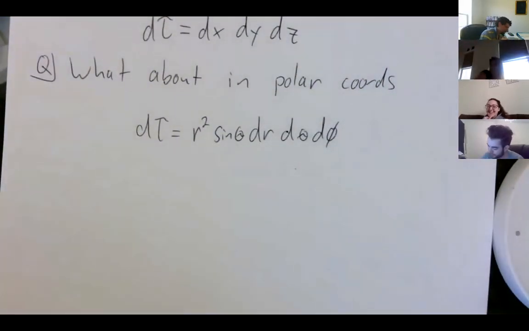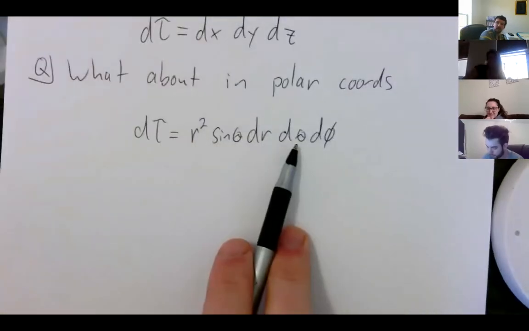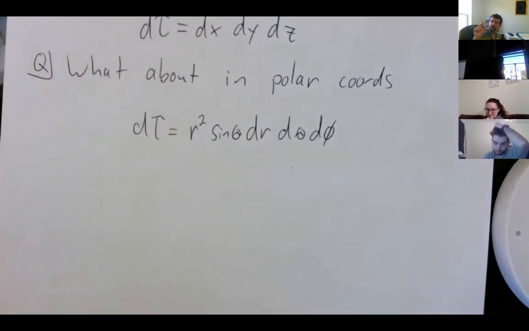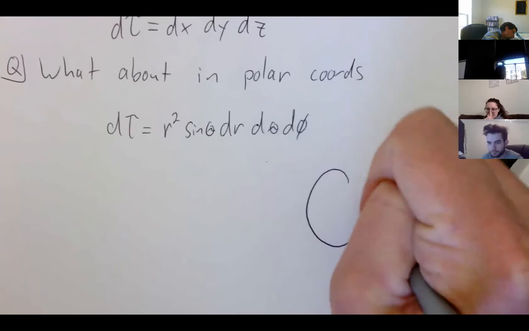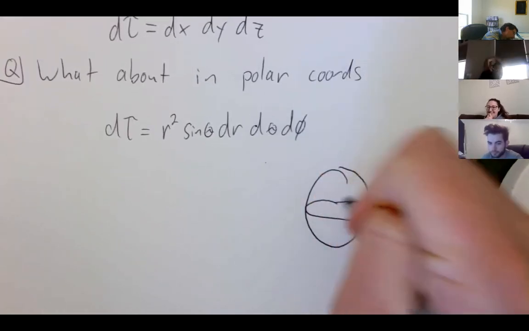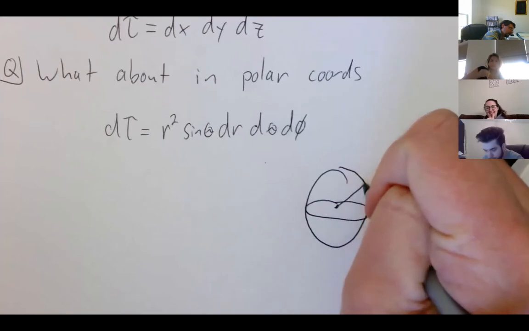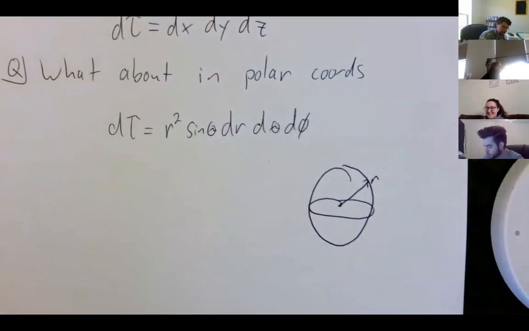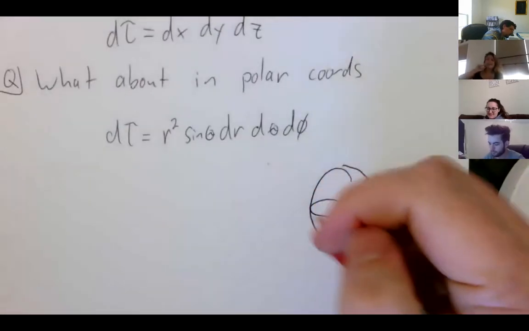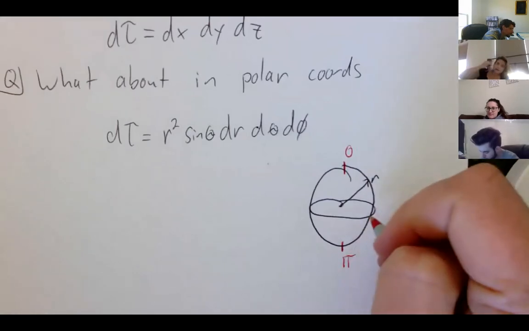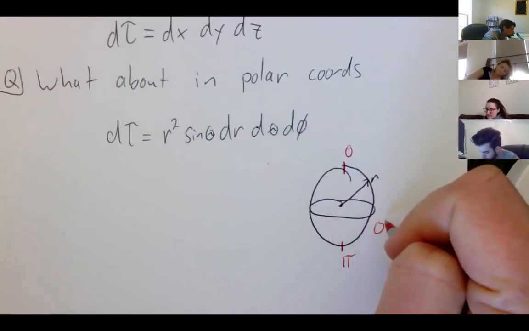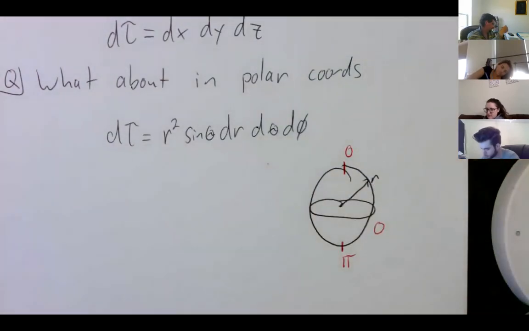So this is the volume element we're talking about. We're talking about basically a chunk of the sphere. We're talking from the center out. That's our r. Up and down, we go from 0 to pi.